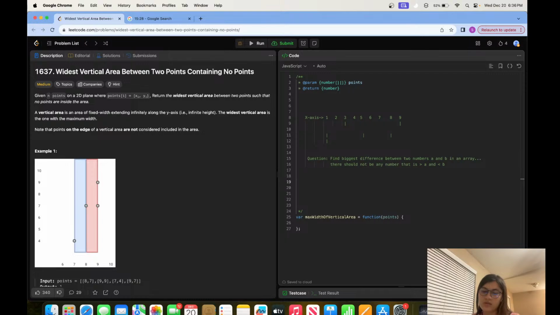One way is to sort, of course, right? Sort the numbers and just find the difference.